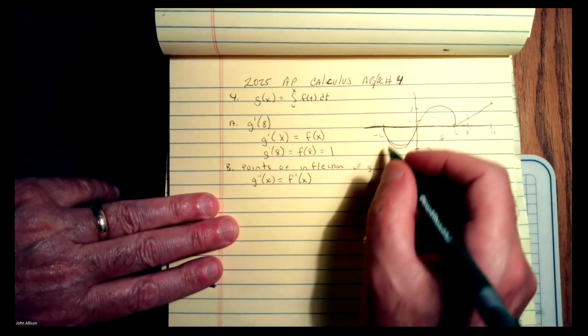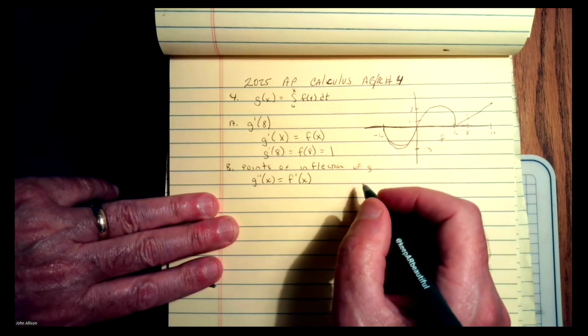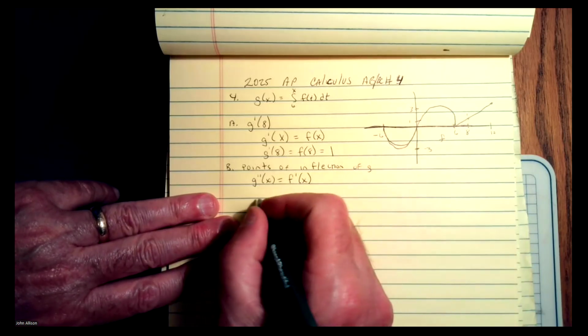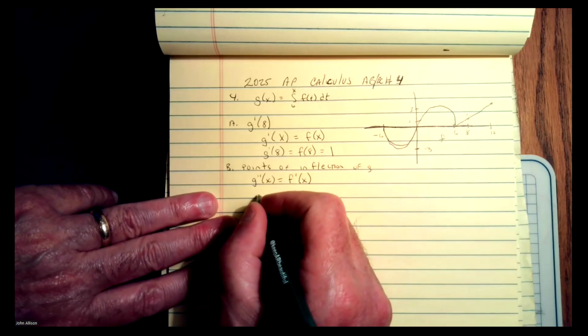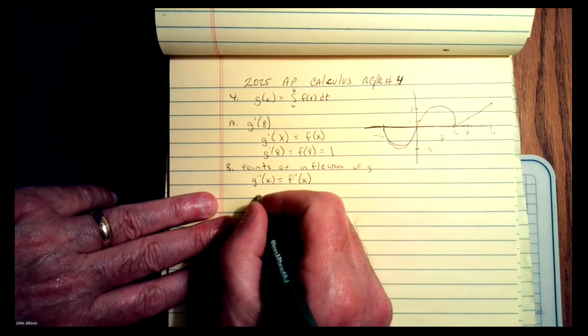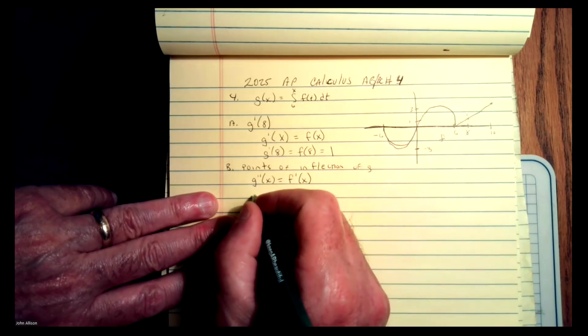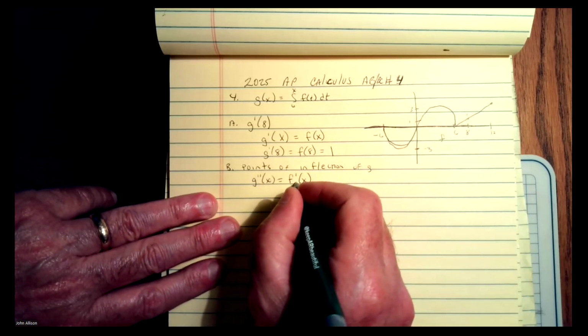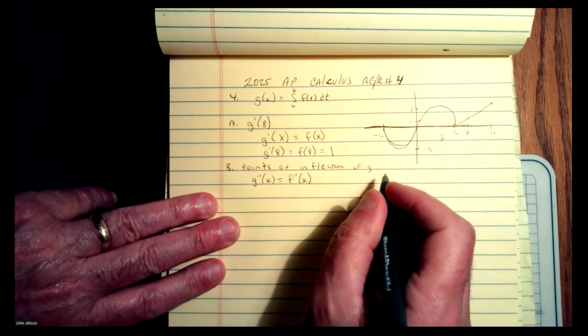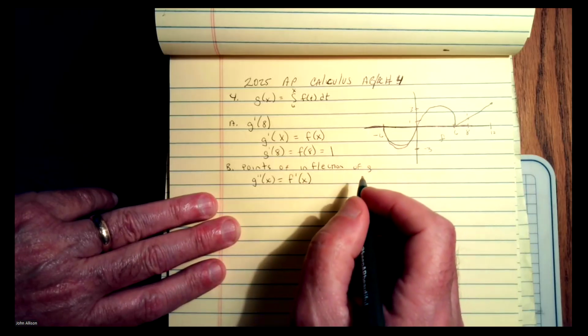And so let's say that on this one, the graph of f is what we're looking for here, though. We have to tie this to the graph of f.